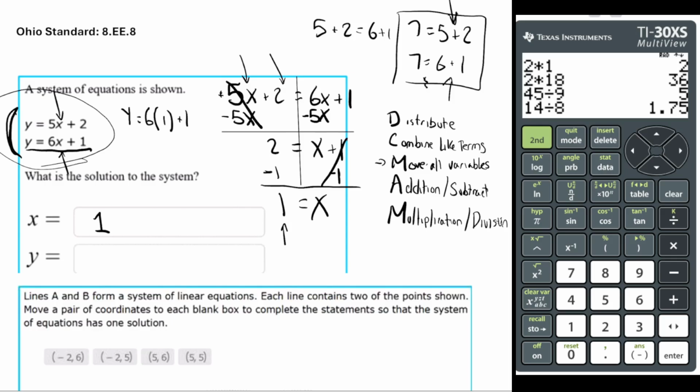And then you're just going to solve for y. So we go right to our calculator. 6 parentheses 1, close parentheses, plus 1 equals 7. So y equals 7. And you're done. And that actually kind of hilariously worked out with my example that we did there. That wasn't planned. But, yeah.